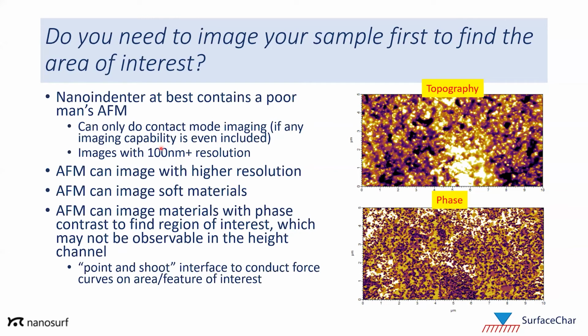So if you do need to image and find, AFM definitely has superior capabilities because you can image with higher resolution. You can also image soft materials, right? Contact mode will chew up soft materials like biological samples and certainly polymer samples.